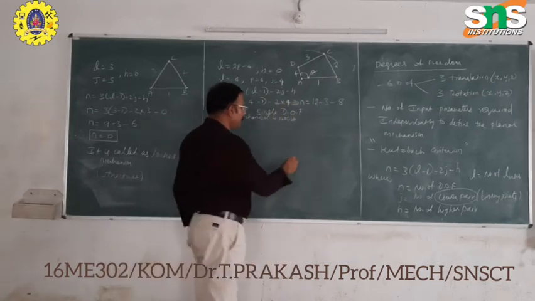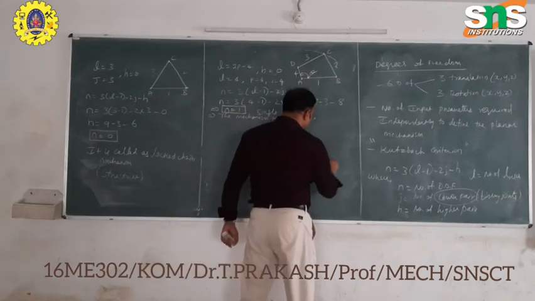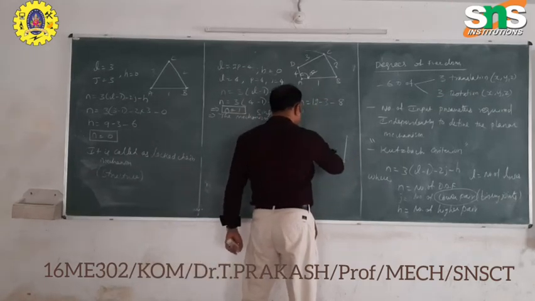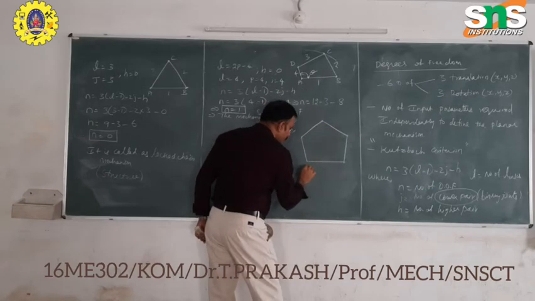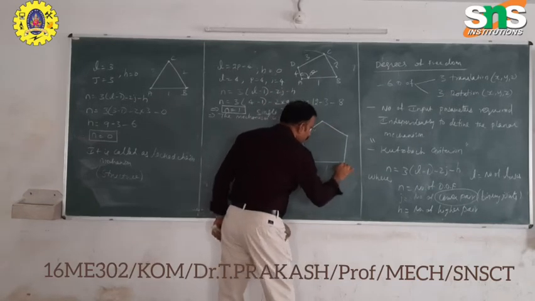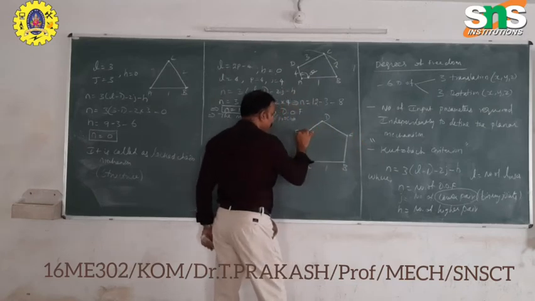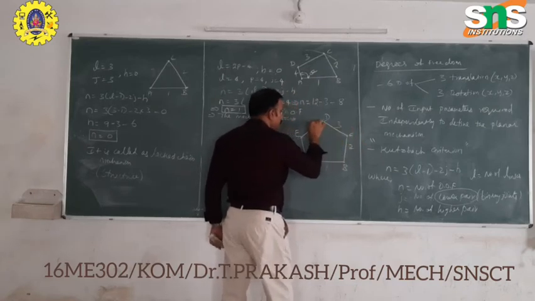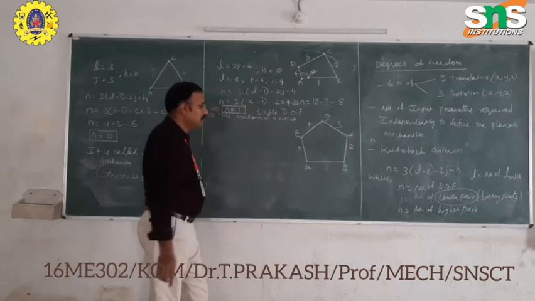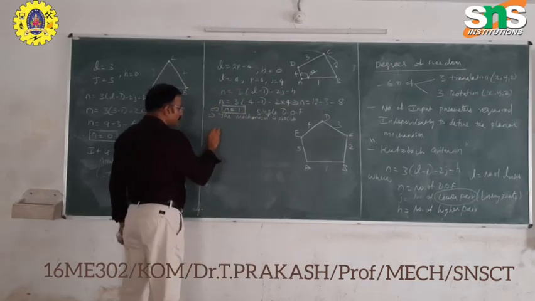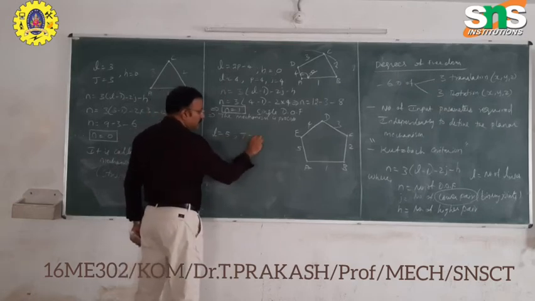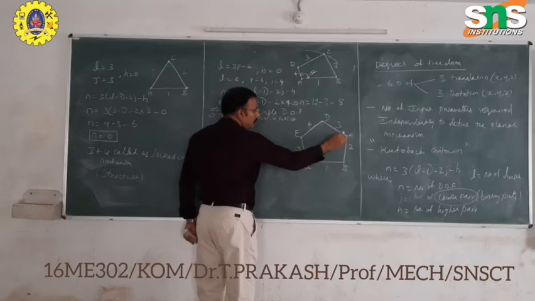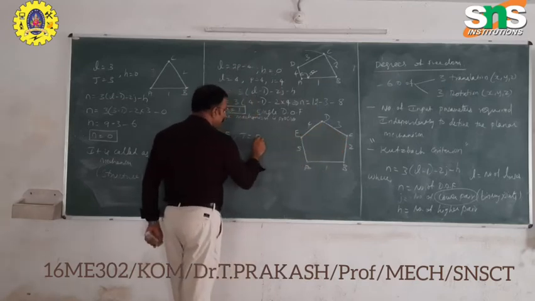For example, if you take a five-bar mechanism here, the number of links L equal to 5. The number of joints: all the joints are binary. 1, 2, 3, 4, 5. The number of joints is 5.